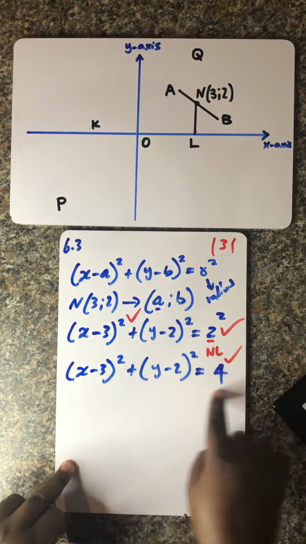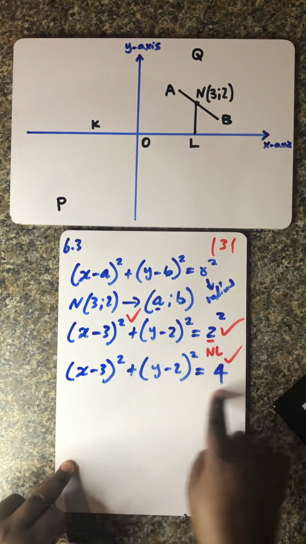So from O to K, we know it's 1 unit, plus from O to L is 3 units, which means it's equal to 4 units, ladies and gentlemen. So from K to L, it's equal to 4 units.